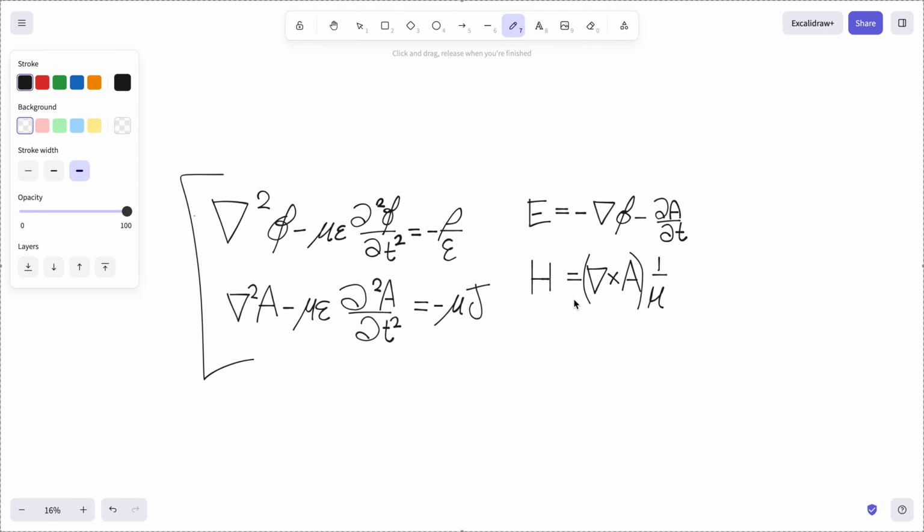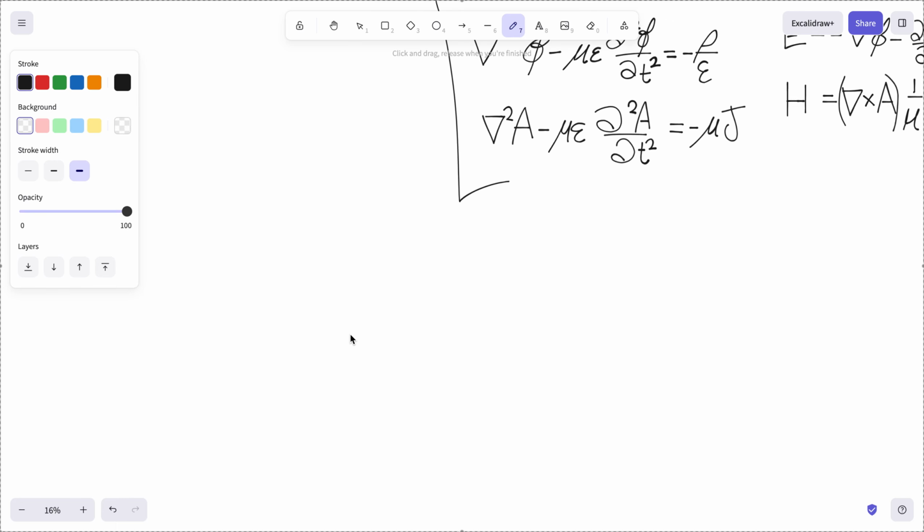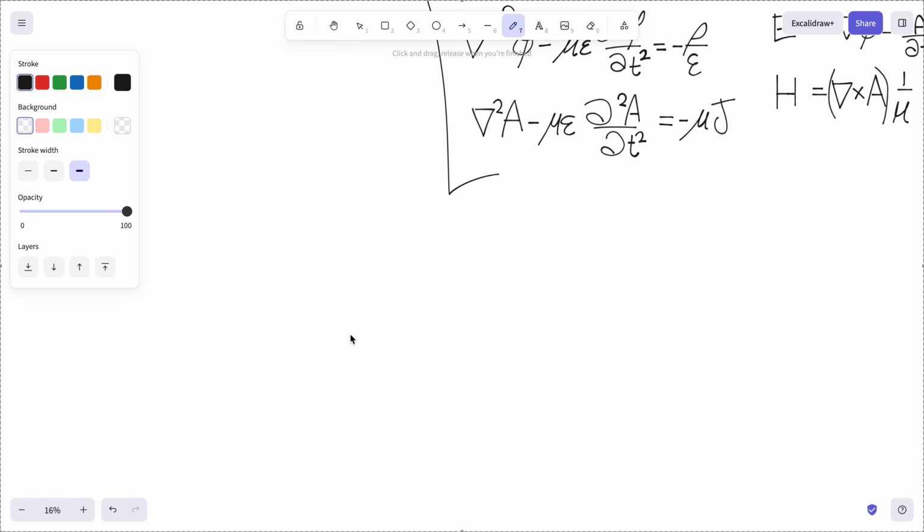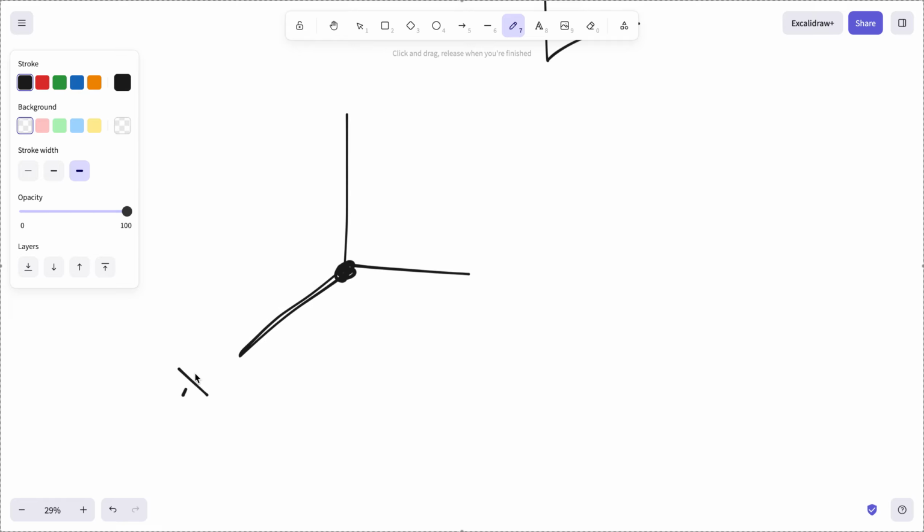So now we're going to see how we can use these equations that we derived to solve some systems with charges. The first system we're going to look at, and try to find the electromagnetic field for, is a singular point charge at x, y, z, which pulses in intensity.